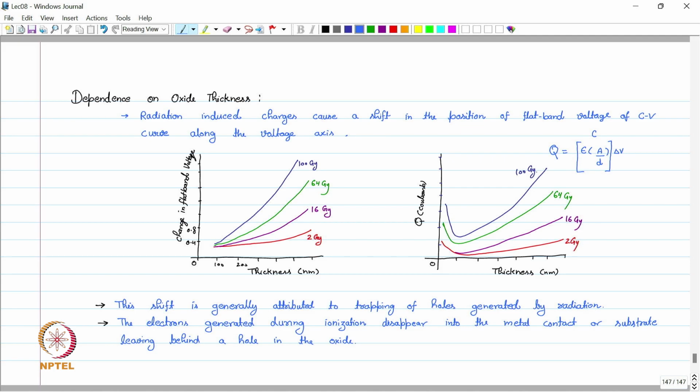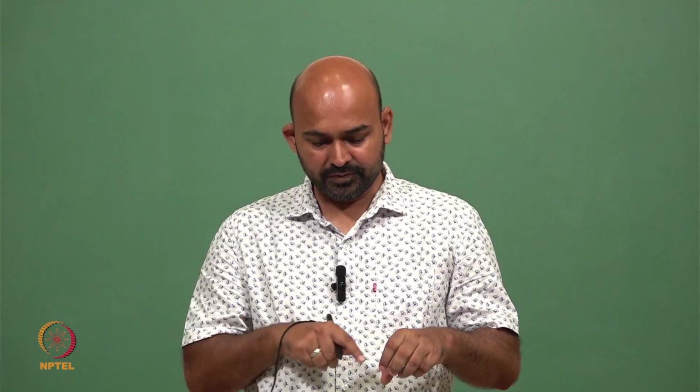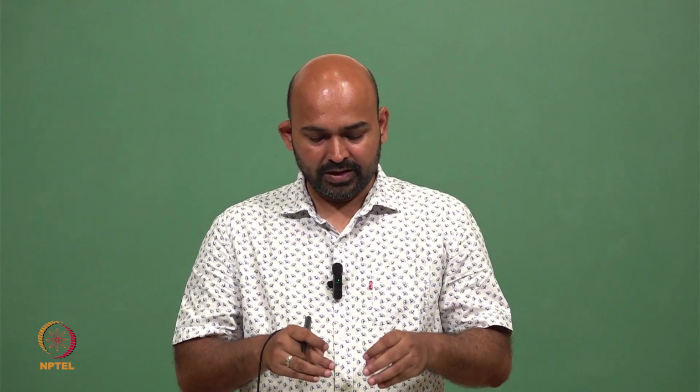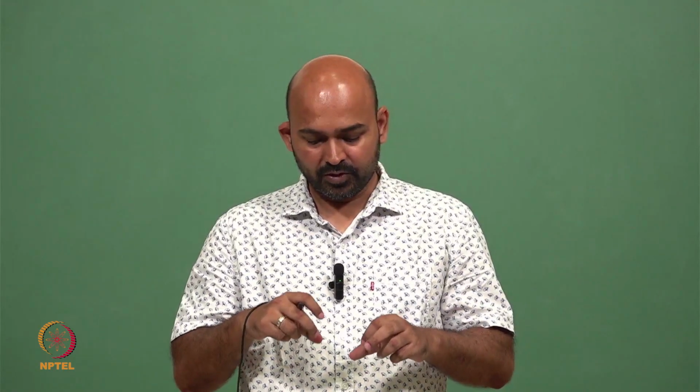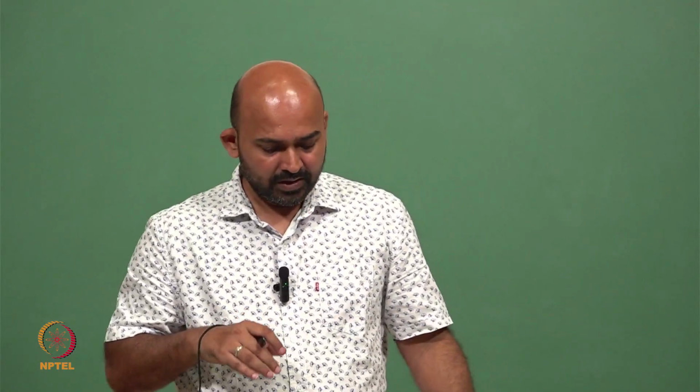So these are the dependencies of the change in the flat band voltage and the charge trapped in the oxide with respect to the thickness of the gate oxide, which is SiO2. We have a significant change in this flat band voltage if we change the thickness of the MOSFET, and we see for 2 gray and 10 gray and 100 gray kind of radiation that this change is very noticeable.